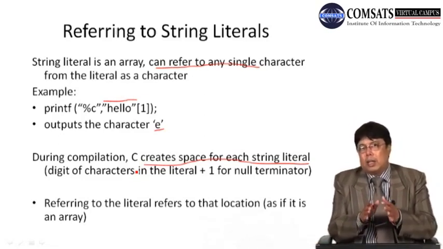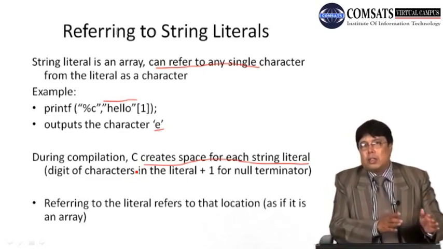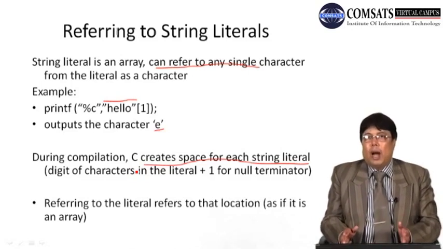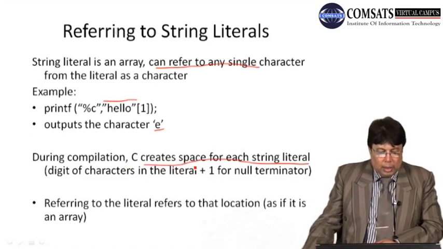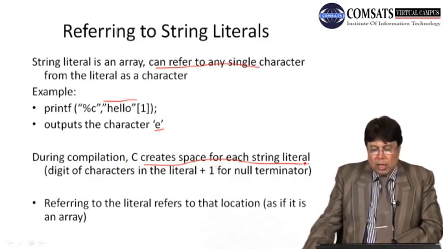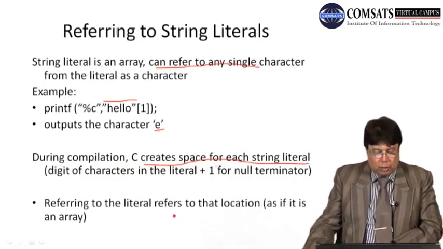अब ये भी understand करें please कि the array of characters is representing a string. So space is required. Just write the array. Our space is allocated. So at the time of compilation, C creates a space for each literal.